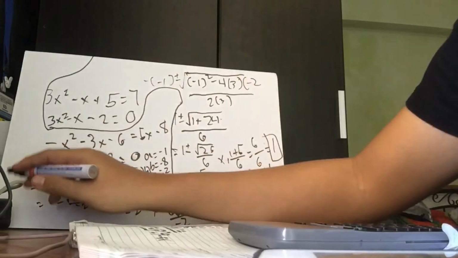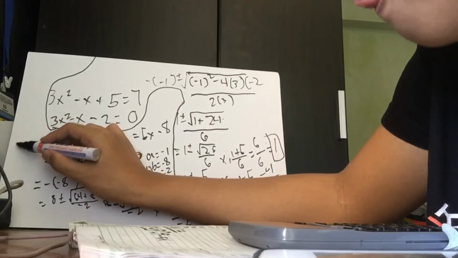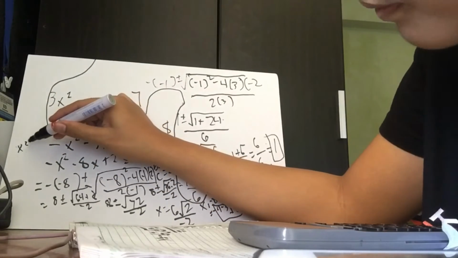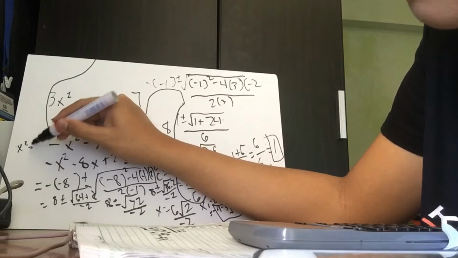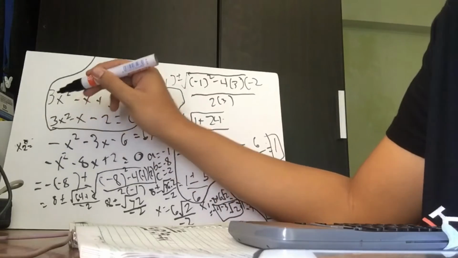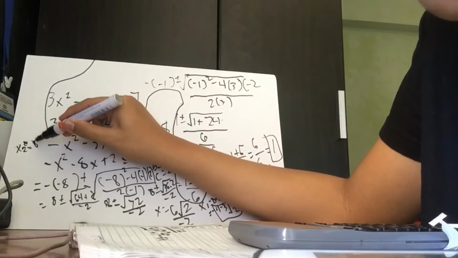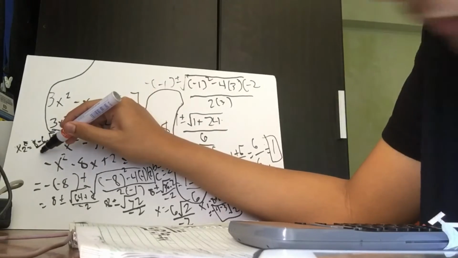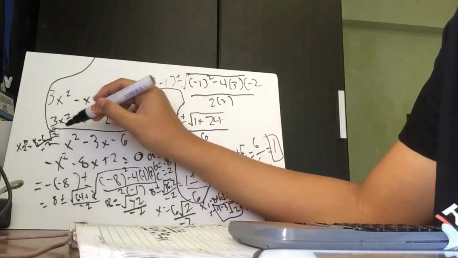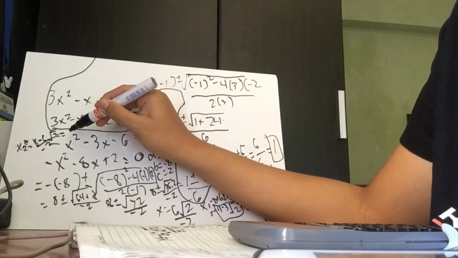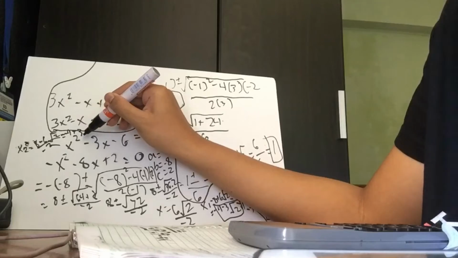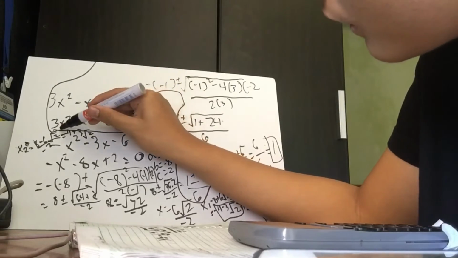Now the x of 2. Sorry. 6 is... negative. The answer is negative 4 plus 3 is 2.